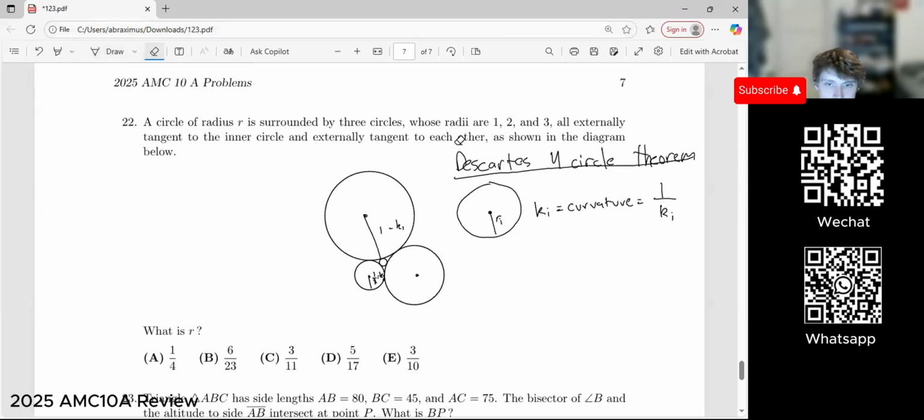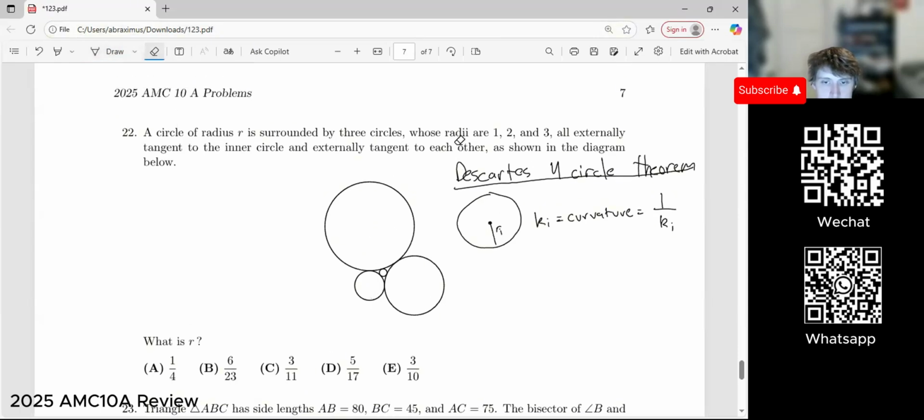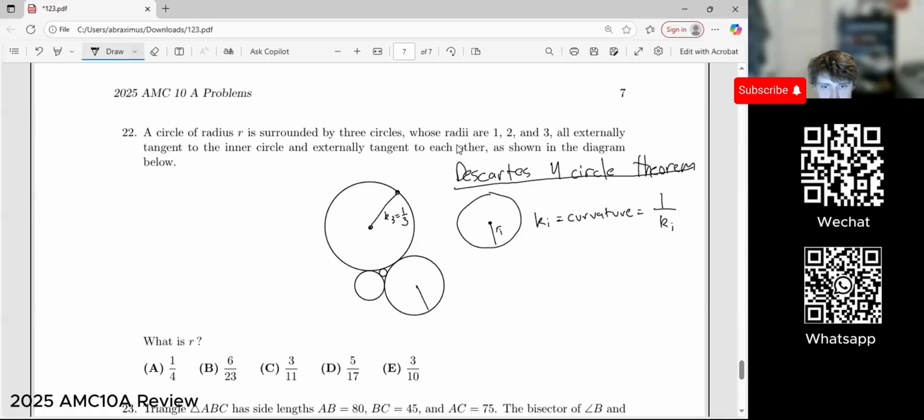Wait, I've labeled this all wrong. It doesn't really matter how you label it, but I want it to be accurate. So K3 is 1 over 3. K2 is 1 over 2. K1 is 1 over 1. And let's just call this K for this curvature.